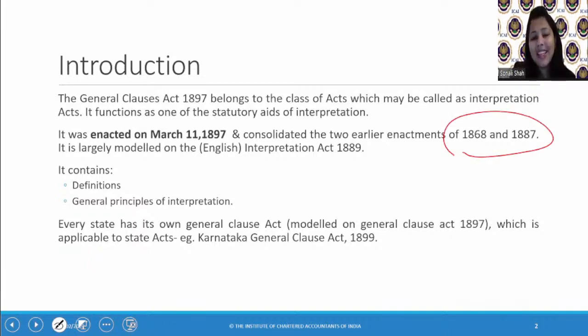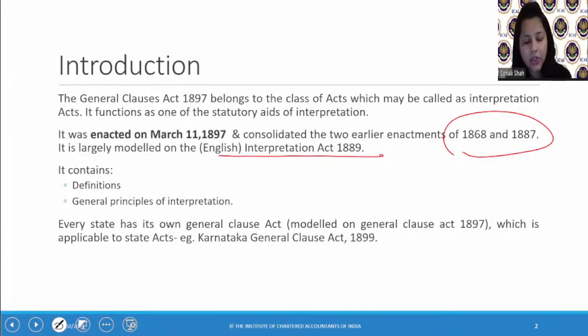It was enacted in 1897, more than 100 years ago. And because it was made in the Britishers' time, it is very much modeled on the English Interpretation Act of 1889. Correct?